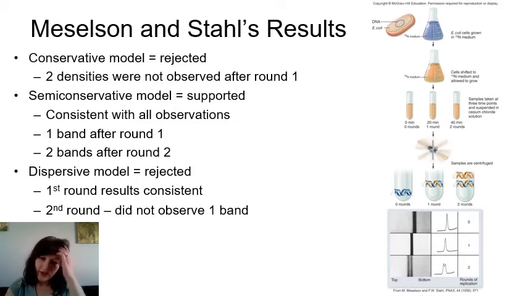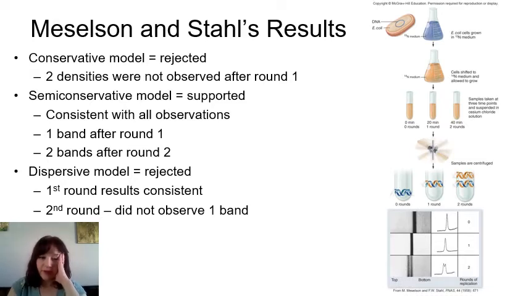And so what you see here is what they're hypothesizing is happening: during the first round of DNA replication, the old DNA is acting as a template for the new DNA, and then eventually that new DNA is being used to make more new DNA.